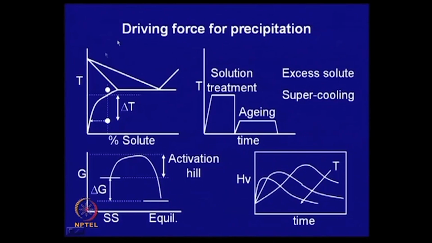We define the free energy change delta G V as the driving force for precipitation, and this can be measured in terms of the extent of supercooling, that is delta T. So, this is the temperature from which it has been quenched, and after quenching, let us say we have got the supersaturated solid solution, and then we keep it at a particular temperature here and leave it at that temperature.